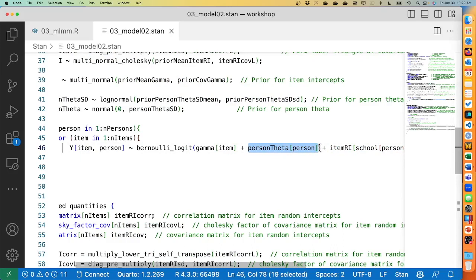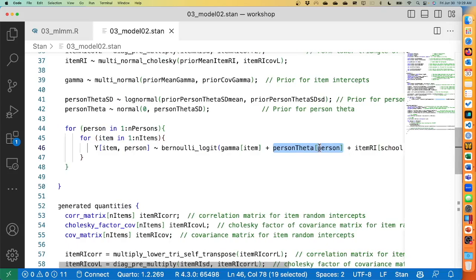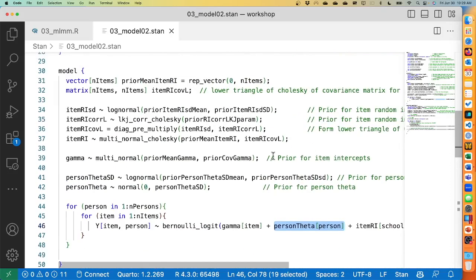That person theta is like what we had in the IRT lecture like three weeks ago, it feels like, on Tuesday. The person theta follows a normal distribution, mean of 0, and we estimate some standard deviation for the person theta. Again, it's a standard deviation in Stan, even though the notation is some variance, which is the square otherwise.